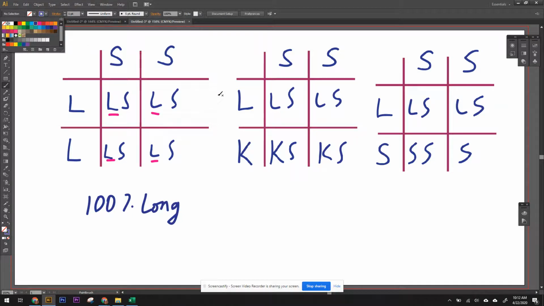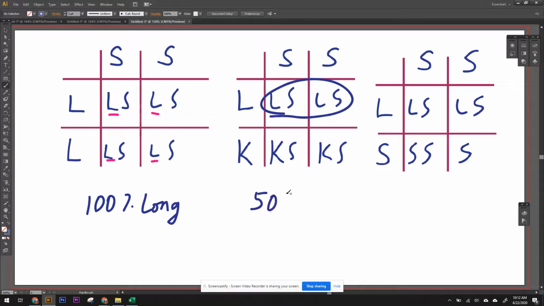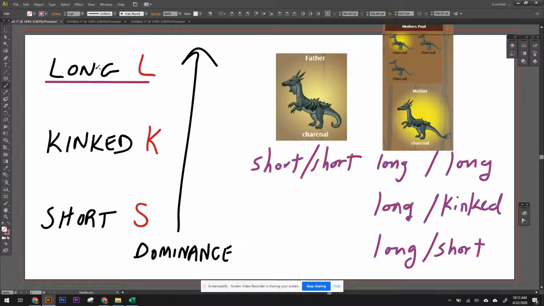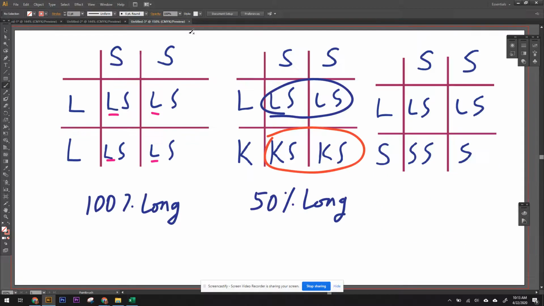If we look at this cross, we would see 50% would be long. But then we have this other 50% that have one kinked and one short. Well, based on what we learned from the first, we know that the kinked is dominant to the short. So that other 50% would be kinked.